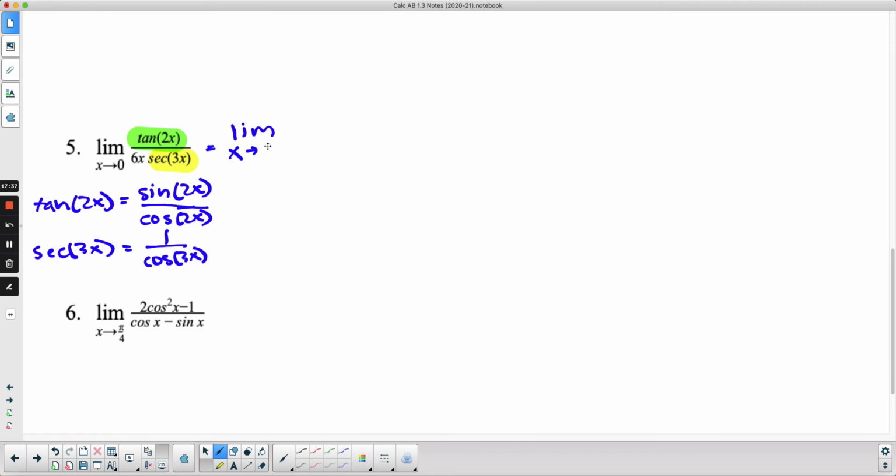Limit as x goes to 0. Sine of 2x, I better keep all of that straight. Sine of 2x over cosine of 2x over 6x times 1 over cosine 3x, so 6x over cosine 3x.